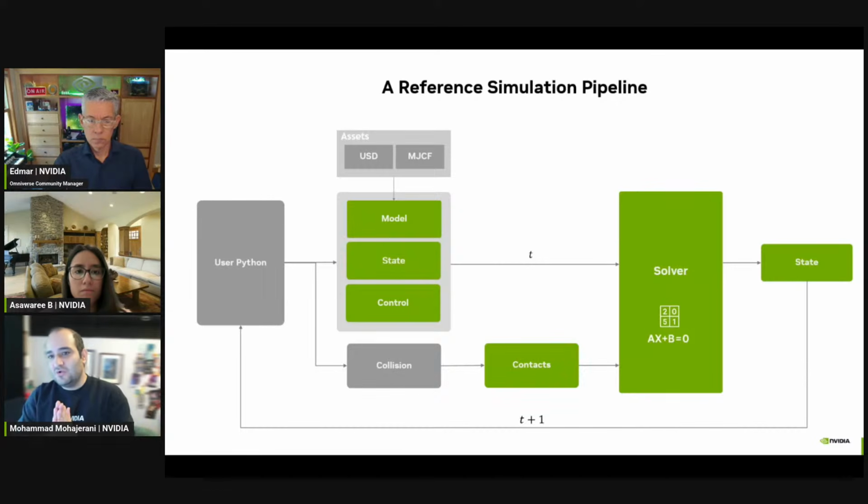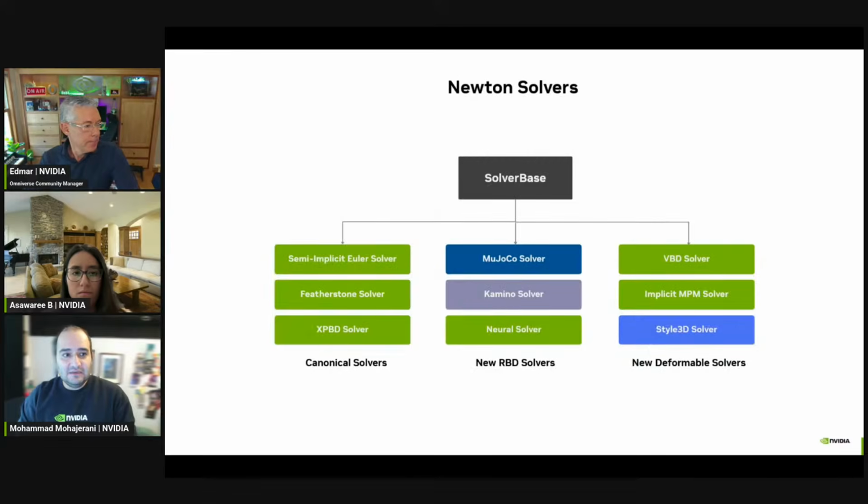But let's say you have your own solvers outside Newton, but you only want to use the collision detection module. You can just import the collision module and forget about everything else in Newton. You can do it at every level. If you are interested in a function within the collision detection, or a kernel that uses those functions, you could do that as well. That's in the service of flexibility.